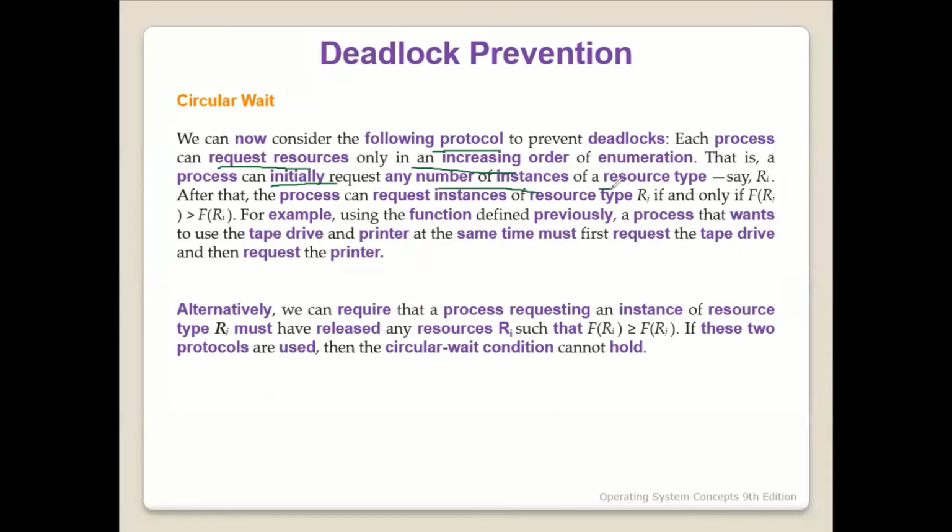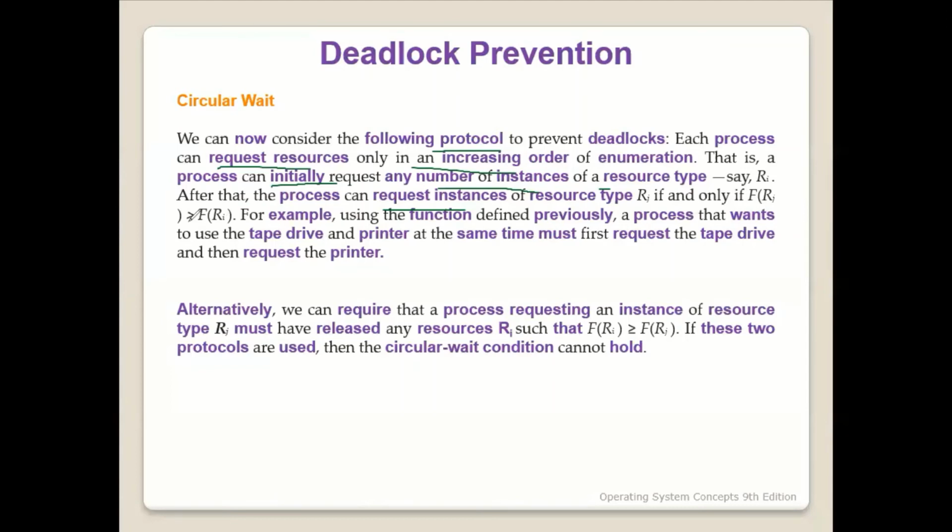For example, P1 can request 2 instances of R1. Can you get the idea? After that, a process can request an instance of a resource type if and only if that resource has a bigger number.